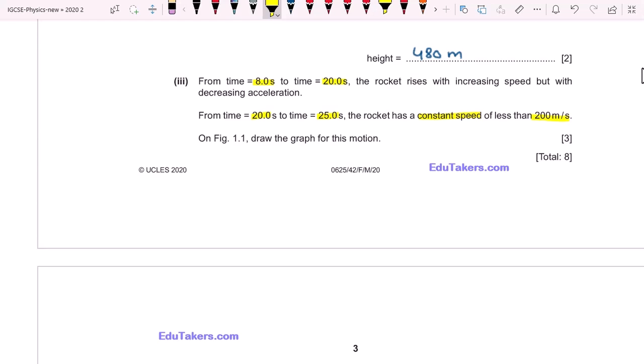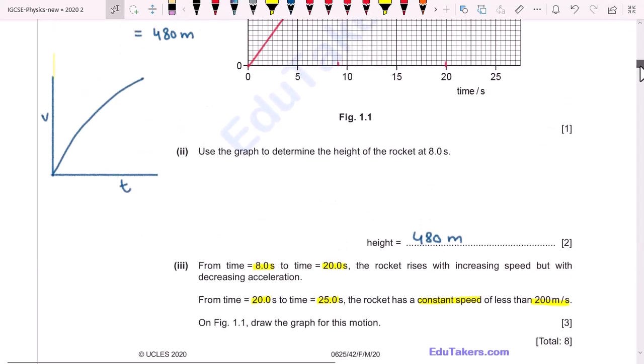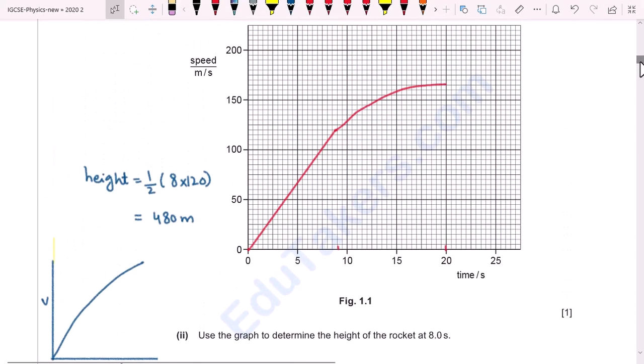First of all, we have to know about the curve that represents constant speed. This curve is represented by a straight line that must be parallel to the time axis. I draw it on the graph just as given.